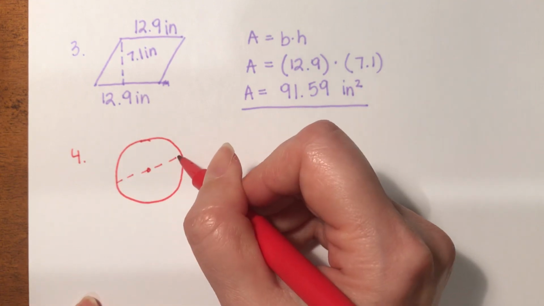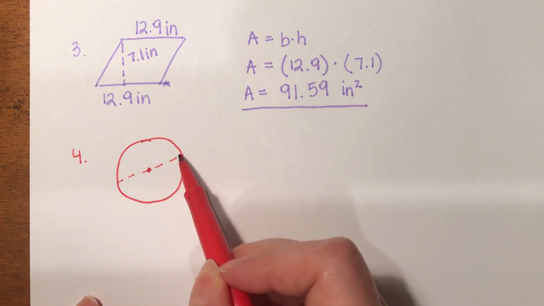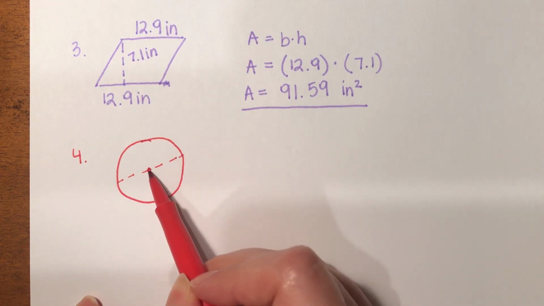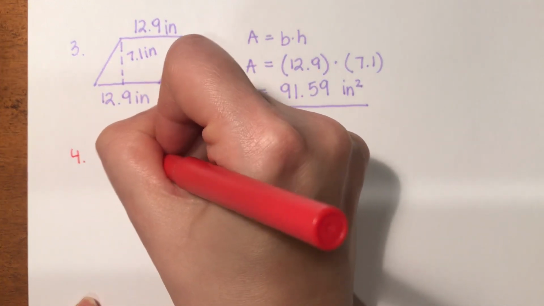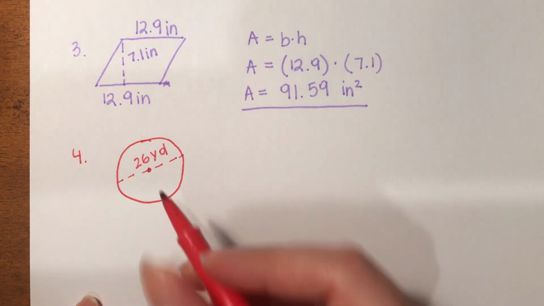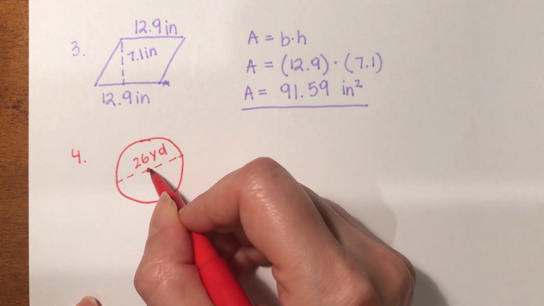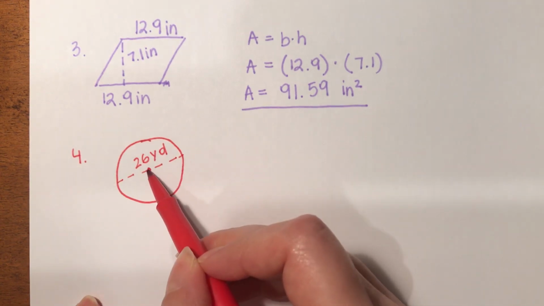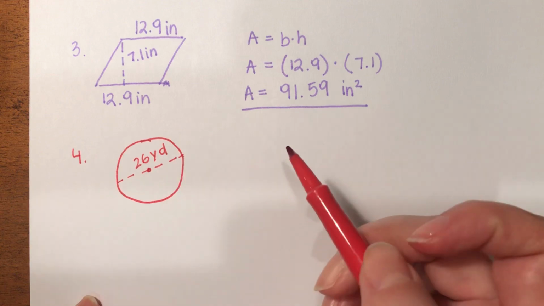Okay, remember diameter is a line segment that would go from one edge to the opposite edge of the circle, and it needs to go through the center. So this diameter is 26 yards. Okay, now also remember that half of the diameter is radius. That would be the segment from the center to the edge. Okay, so radius is half of the diameter.